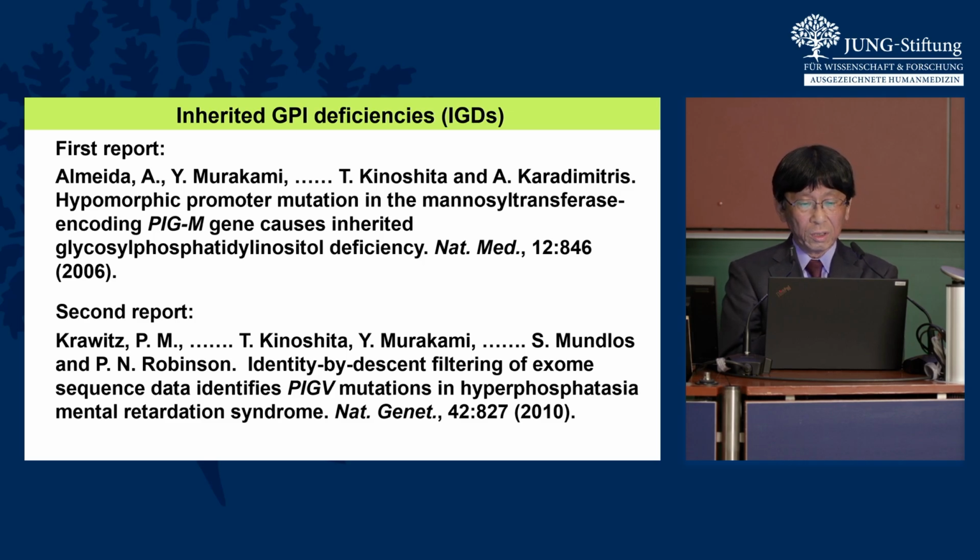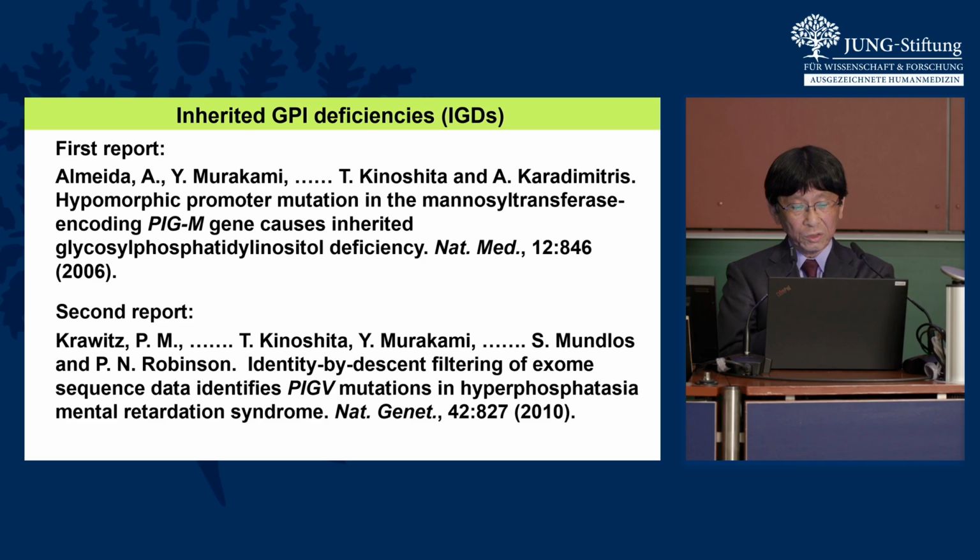So we obtained the patient cells from London, and my colleague Yoshiko Murakami in the lab tested all the PIG genes and found a hypomorphic promoter mutation in the PIG-M gene. PIG-M encodes the mannosyltransferase that attaches the first mannose to the GPI. So these are the first cases of inherited GPI deficiency. We published it in 2006.